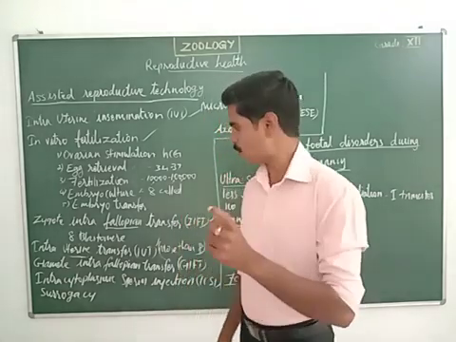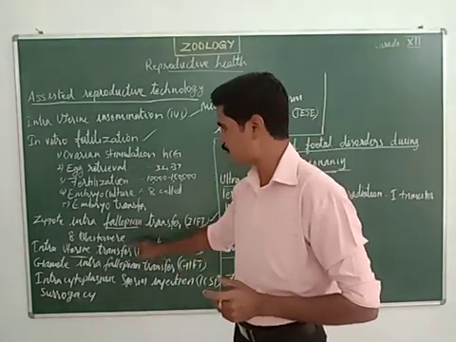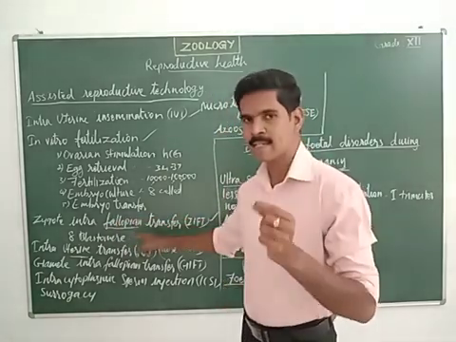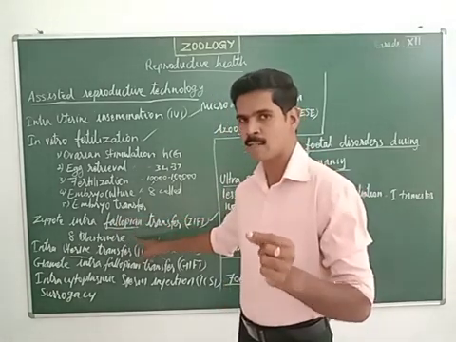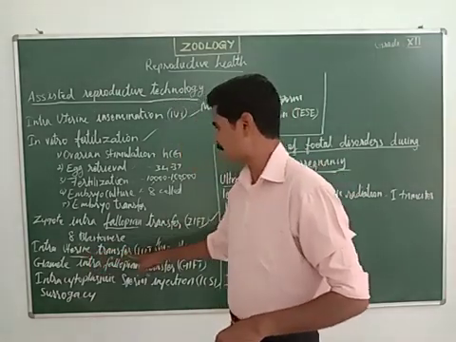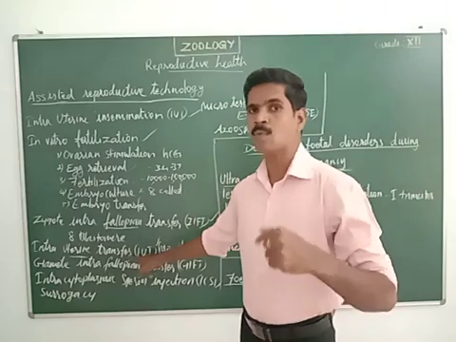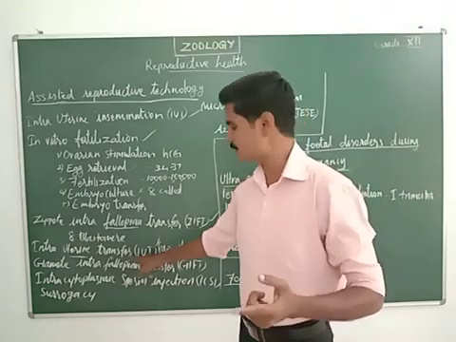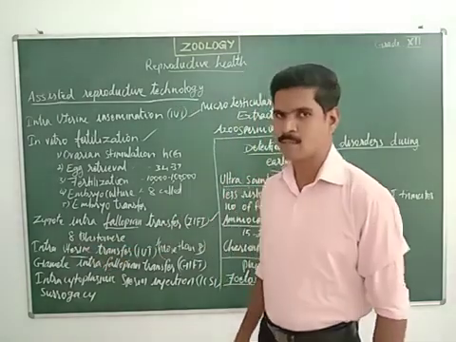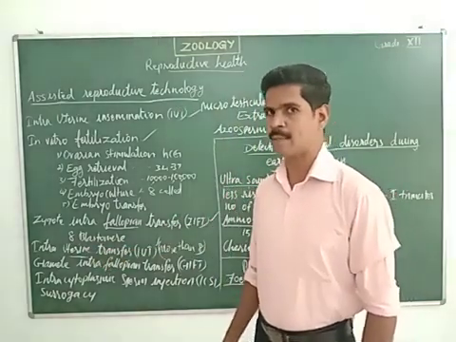I hope you all understood the difference between these two techniques. In zygote intrafallopian transfer, the 8-celled blastomere stage zygote is transferred to the fallopian tube. But in intrauterine transfer, the zygote with more than 8 cells is transferred to the uterus of the female reproductive system. Understand, my dear students?